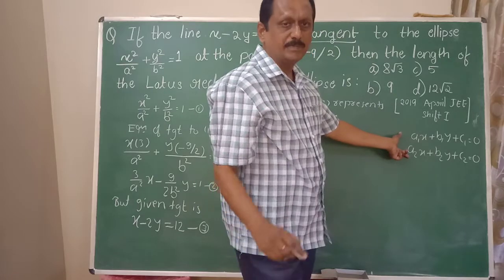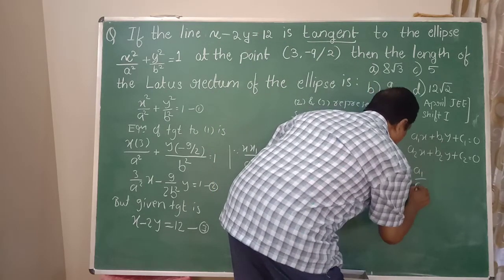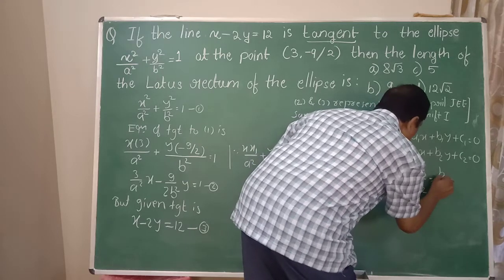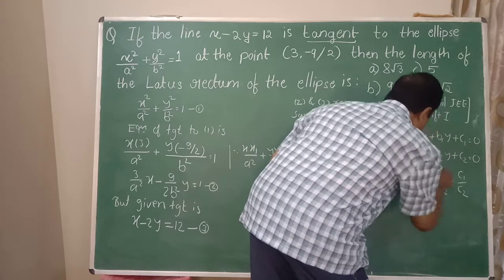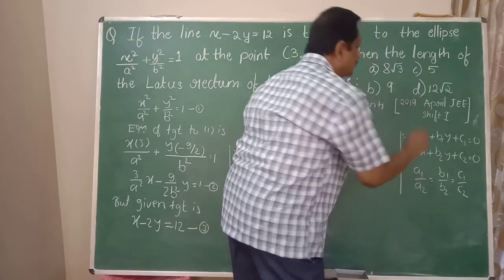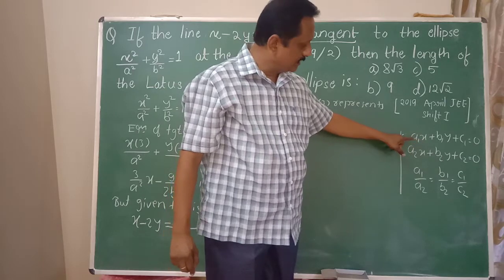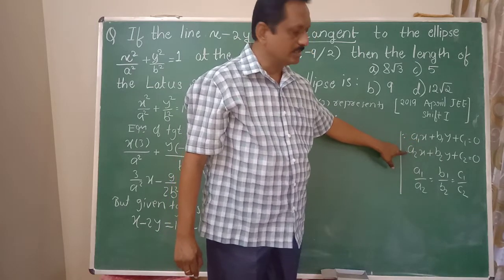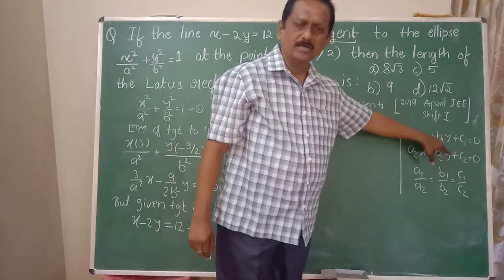Both represent the same line if and only if a1 divided by a2 is equal to b1 divided by b2 is equal to c1 divided by c2. We are using this formula. Both represent the same line if and only if their coefficients are proportional.